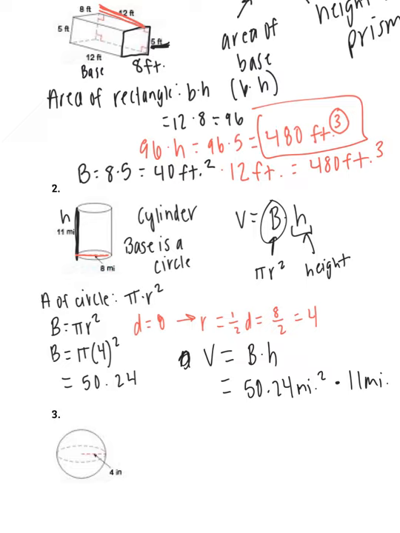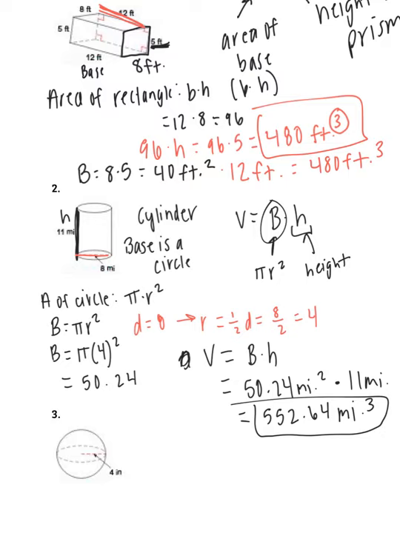Now I'm going to multiply those two numbers on my calculator. So 50.24 times 11, and I get 552.64, and again, it's miles cubed because it's a volume. So that's how we find the volume of a cylinder.